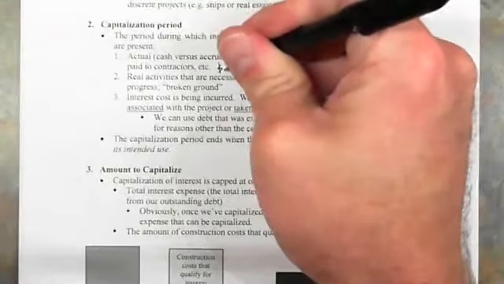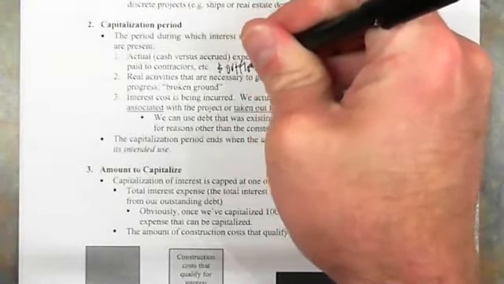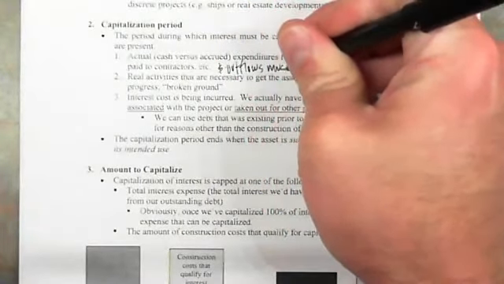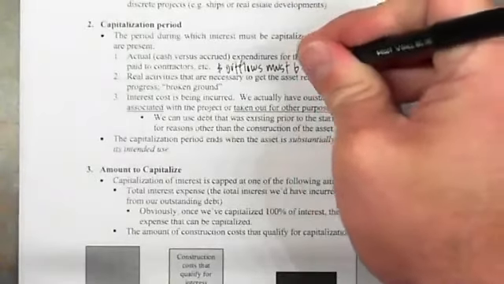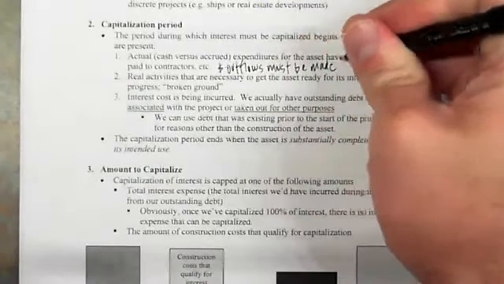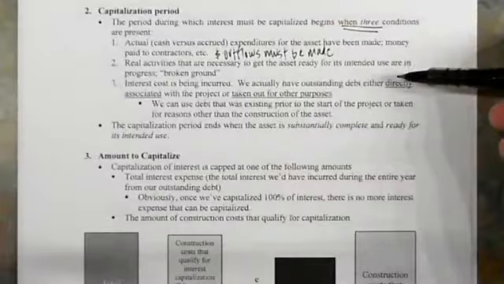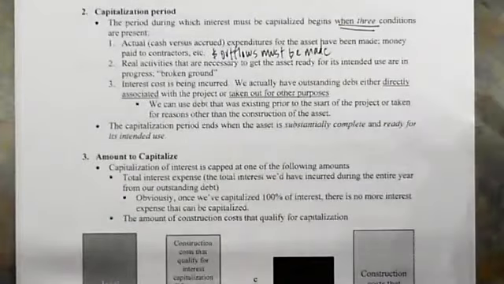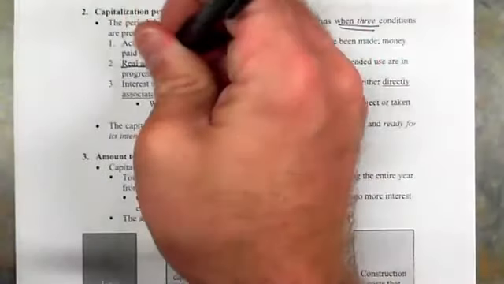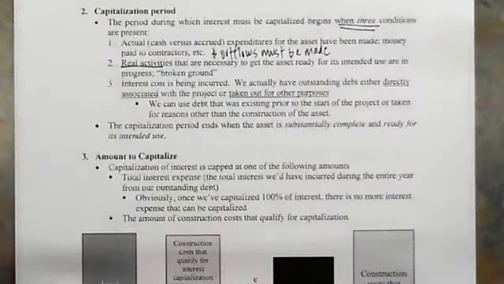But actual cash flows. Real activities. So we can't just have spent cash, but be holding back on the actual blood, sweat, and tears part of it. We have to have broken ground. So actual real activities have to be in place, and interest cost is being incurred.